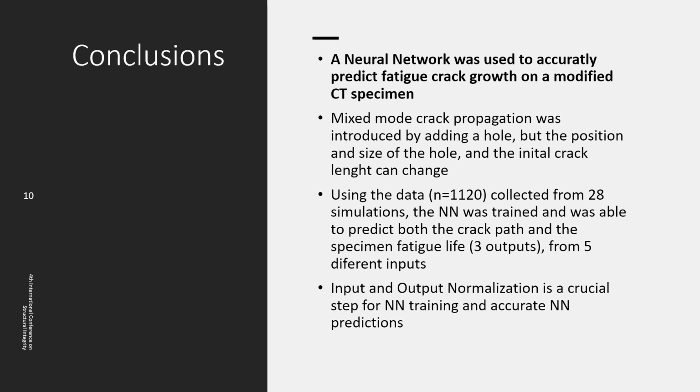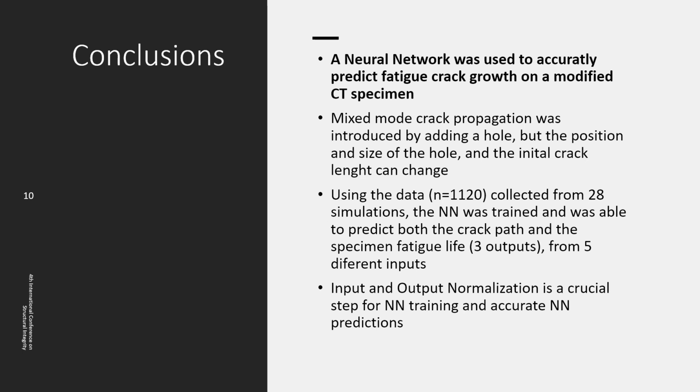Okay, so as a conclusion, we can say that a neural network was used to accurately predict fatigue crack growth on a modified CT specimen. Mixed mode crack propagation was introduced by adding a hole to the specimen, but the position and the size of this hole and also the initial crack length can be changed.